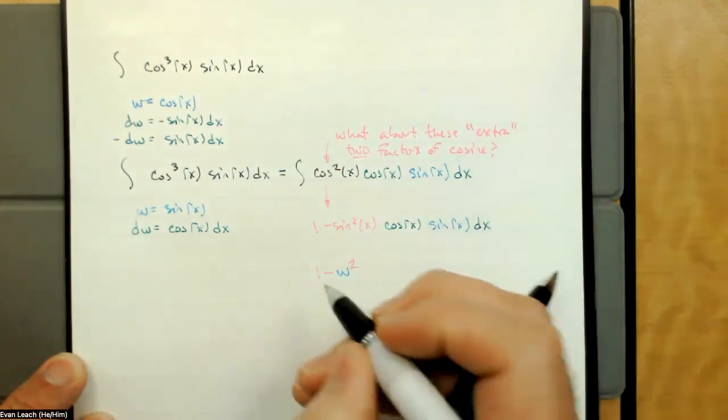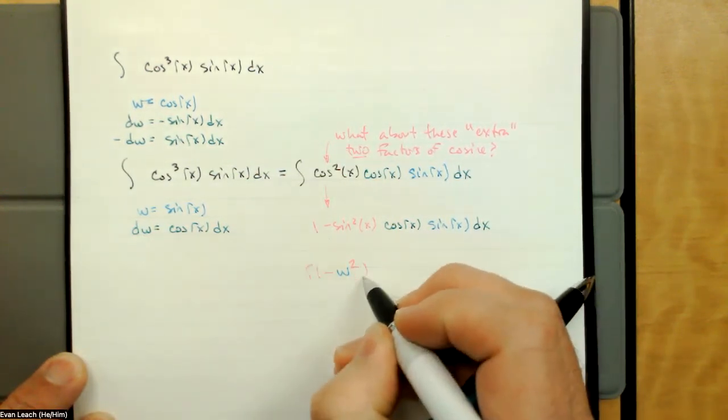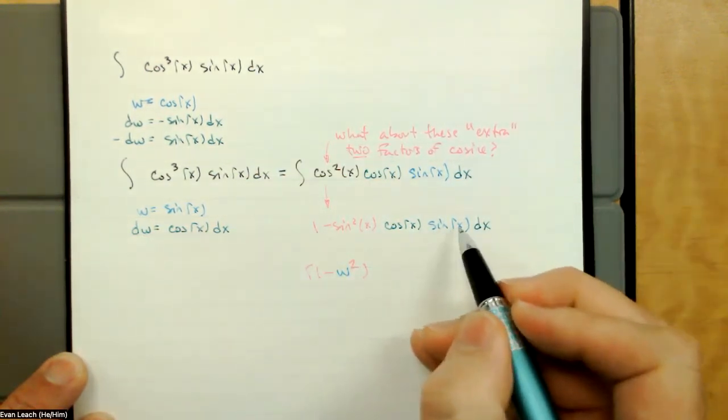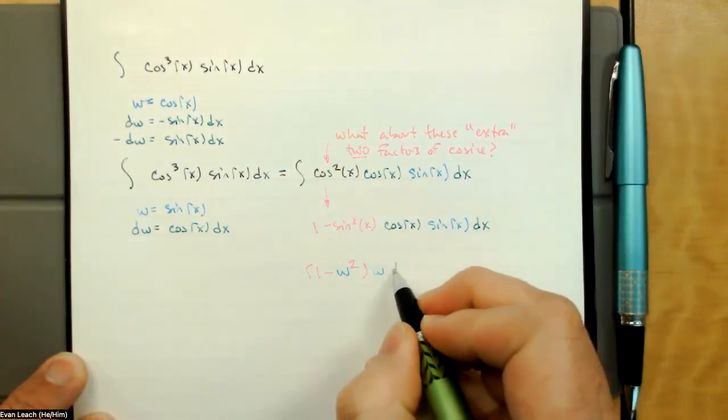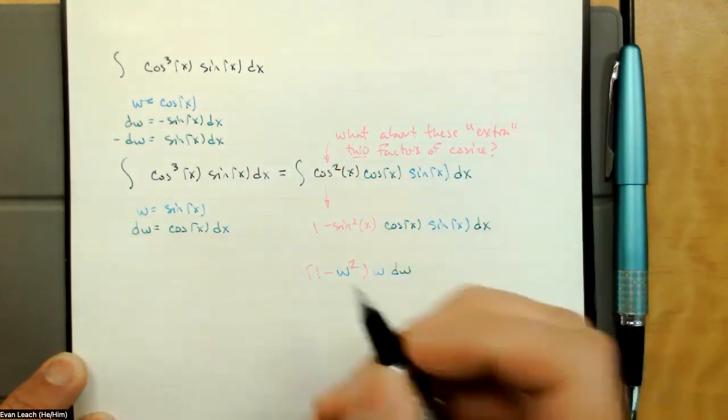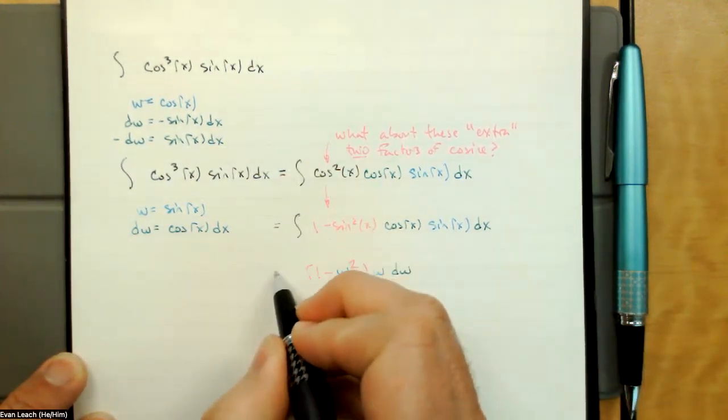So I've got 1 minus w squared, sine of x is w, and cosine of x dx is the dw, and all this is still being integrated.